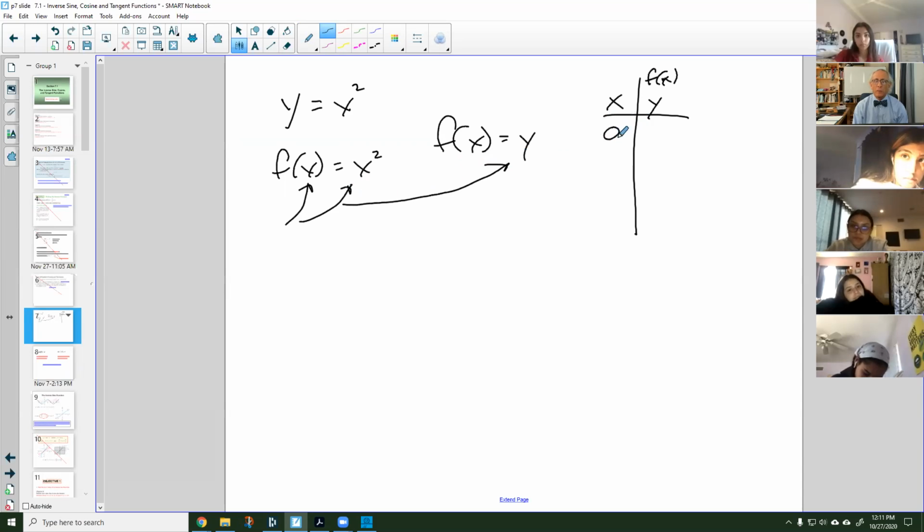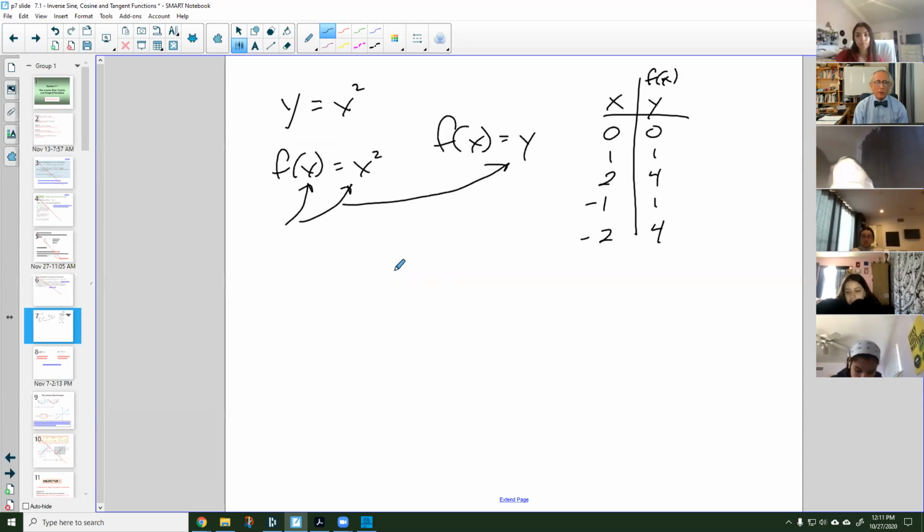If I put in 0 for x, 0 squared is 0. If I put in 1, 1 squared is 1. If I put in 2, 2 squared is 4. If I did -1, I would get +1. If I did -2, I get +4. Everybody okay with that? This is a very basic function.